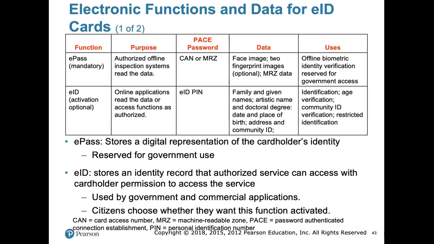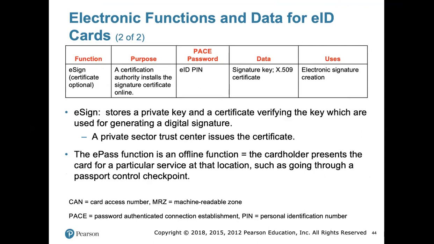The first is called ePass, which means that the card is being used to give the card holder the permission to pass from somewhere. This is an offline process in which the card holder presents the card for a particular service, like you see here.